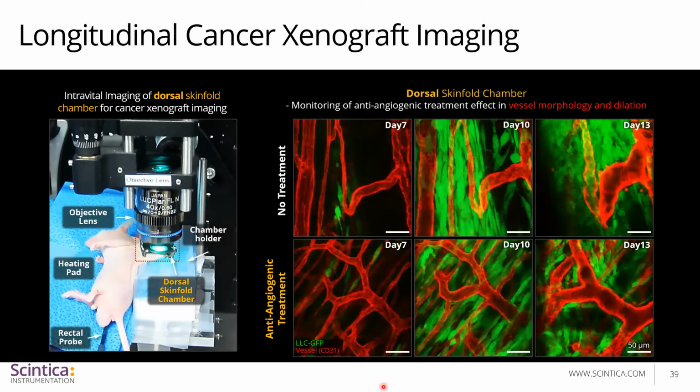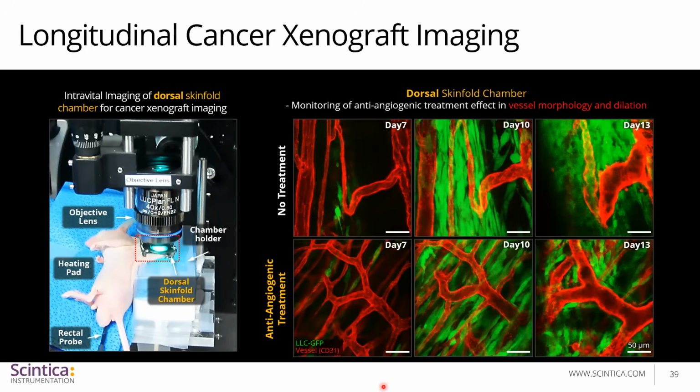So this is shown here. Images taken at day 7, 10, and 13 after a treatment regimen that instead of targeting the cancer cells is targeting the newly formed vessels that are supplying the cancer cells with nutrients.